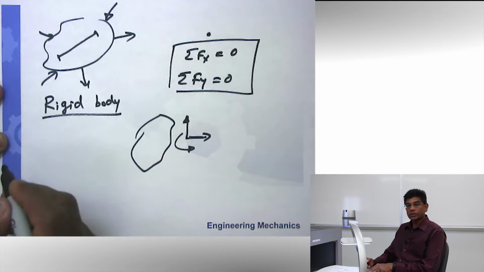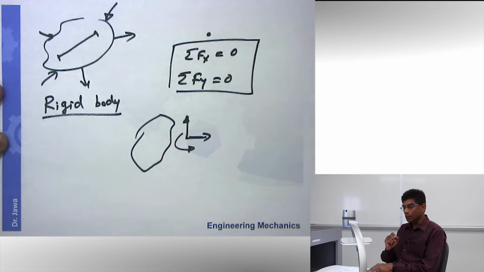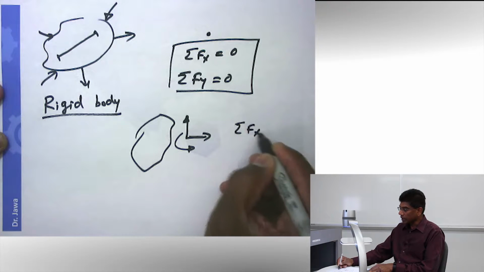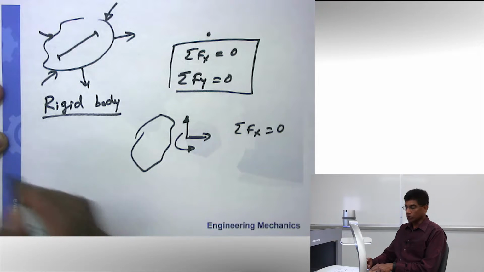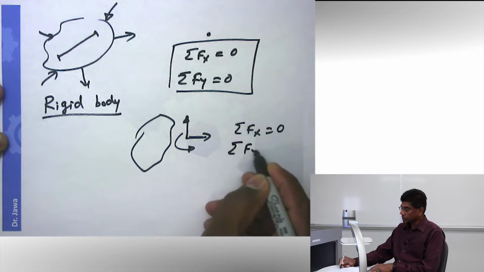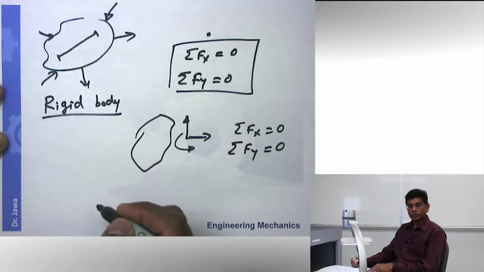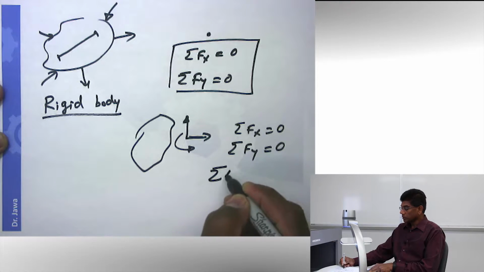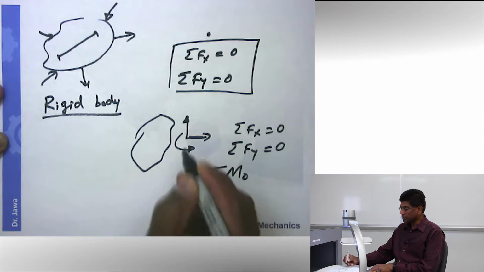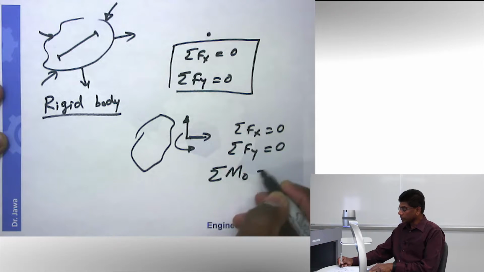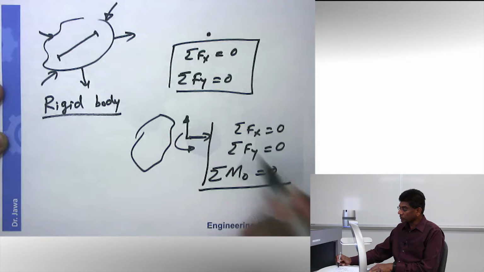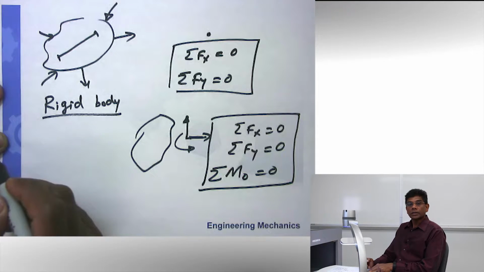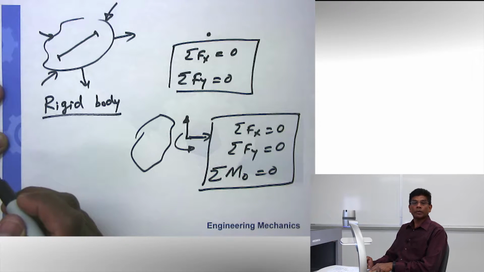So our equations for a 2D rigid body equilibrium will be sum of the forces along x direction equal to 0, sum of the forces along y direction equal to 0. I'm writing the scalar equations. And then sum of all the moments about a point, for example O, equal to 0.